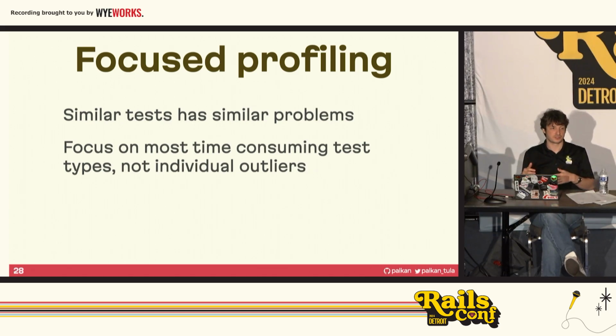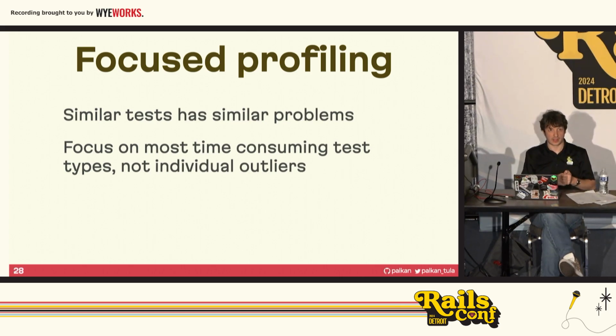They have similar patterns you use in your code, similar setups or whatever. And the fixes are also going to be identical for the whole group. But between groups, they could be different. That's why it's useful to focus on some particular group, the most time-consuming group, or several groups, and optimize them.